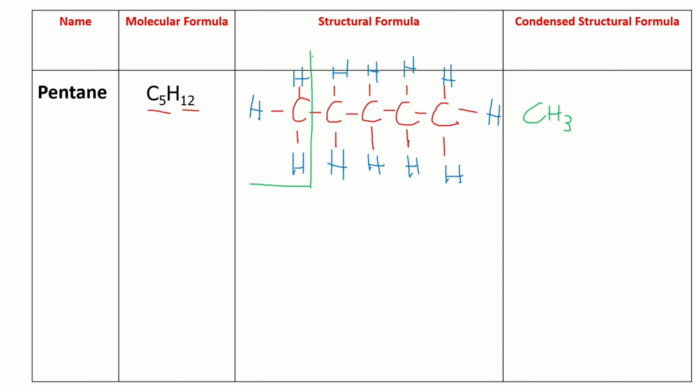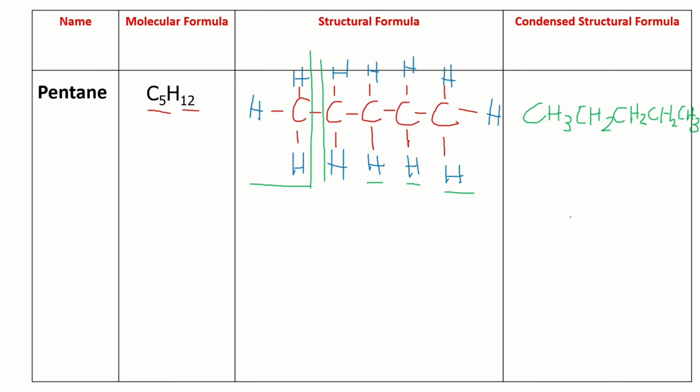Next, for the second, we got 1 carbon atom, 2 hydrogen atoms. Next, okay, next we got same. For the last one, I don't have enough space here, but this is CH3. Okay.